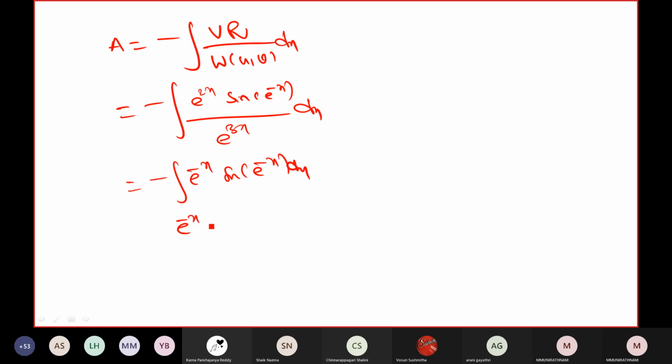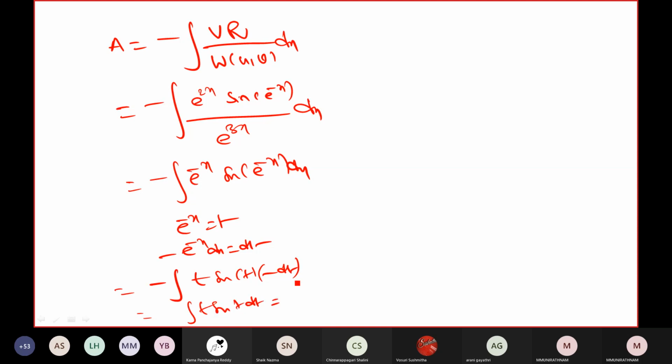So how should we do this? It becomes the integral of t sin t dt. What is the integral of t sin t? Minus t cos t minus 1 minus sin t. Sir, that is sin t into dt, right? Okay, no need of t. Sorry. Okay, so fine.